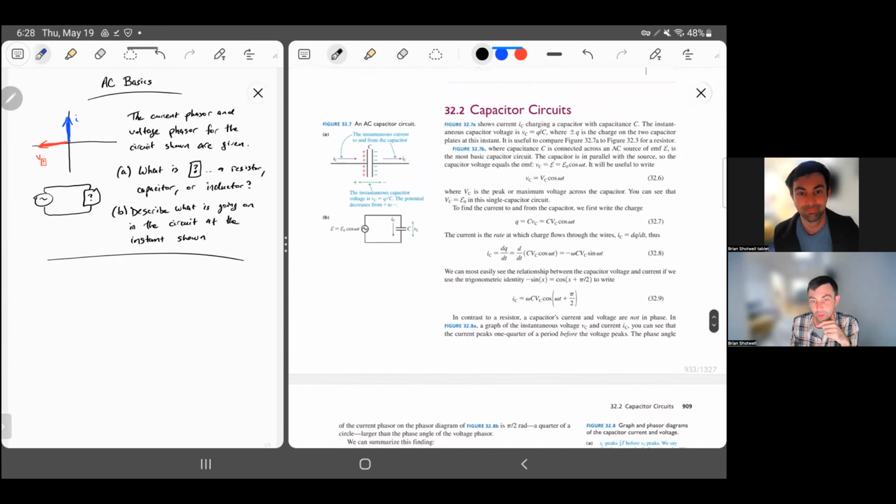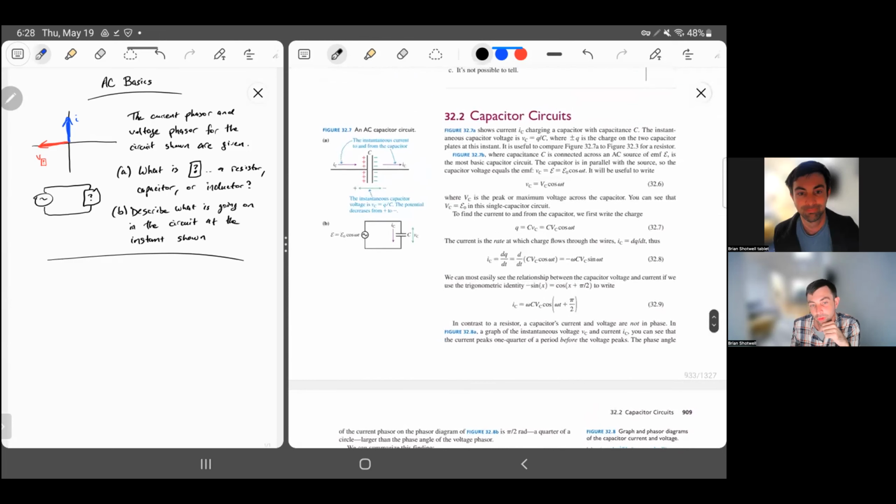The reason for this is that the voltage across the capacitor, if you remember CV equals Q, and if they're time varying, your book is using the convention of lowercase for the time varying things. So the voltage depends on the charge collected on the capacitor, but the current is related to the time derivative of the charge.